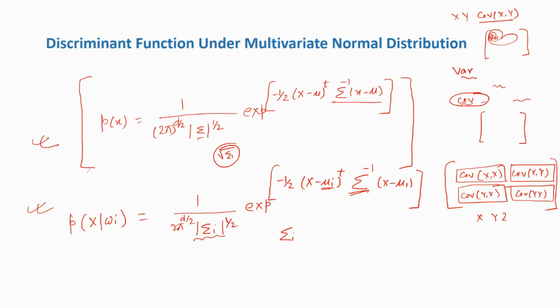And same thing we are putting it here. Now, this mu I was the mean of the class, right? Since we are trying to find the determinant function under multivariate normal distribution, we come to the determinant again.